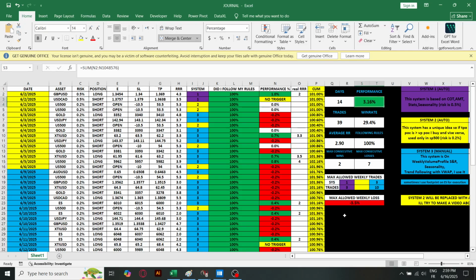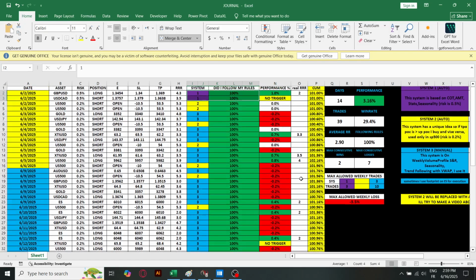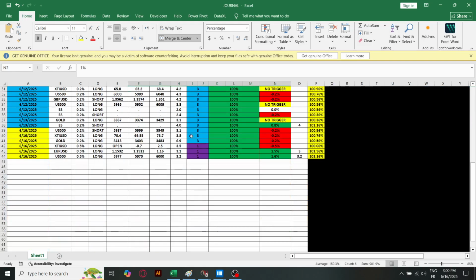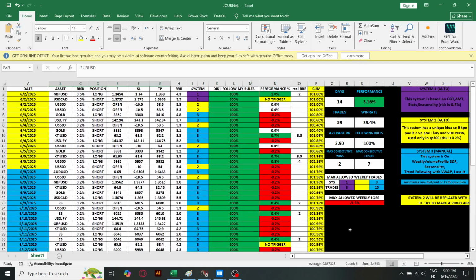This is very perfect for me. System 1, in backtest, has about a 55% win rate, but here we have 4 positions, 3 wins and 1 loss, so 75%. Of course, this number will go lower over time.